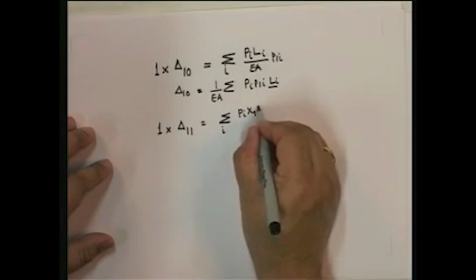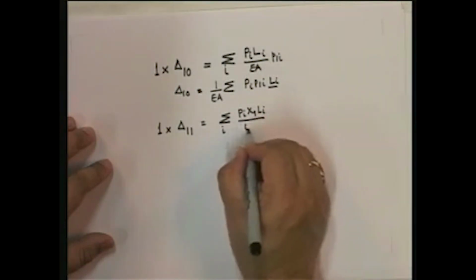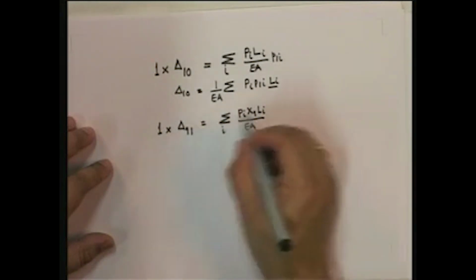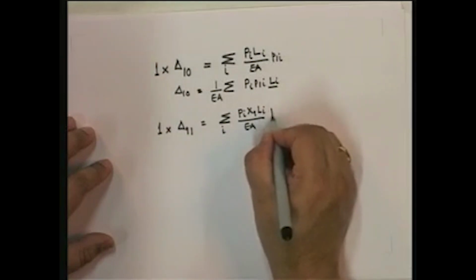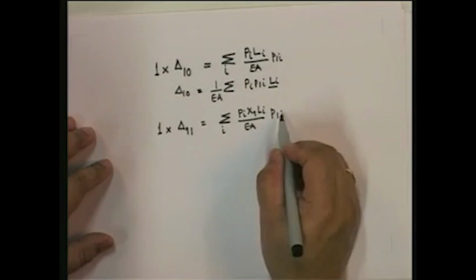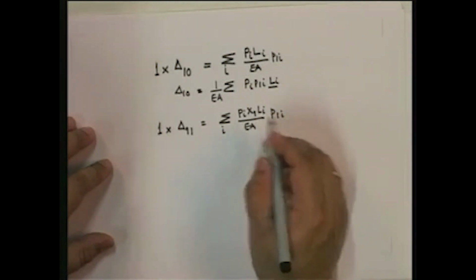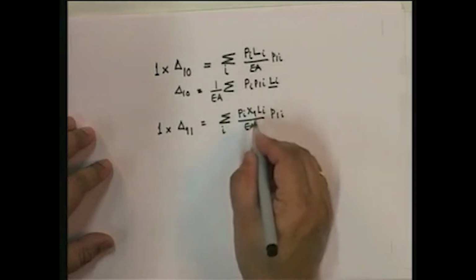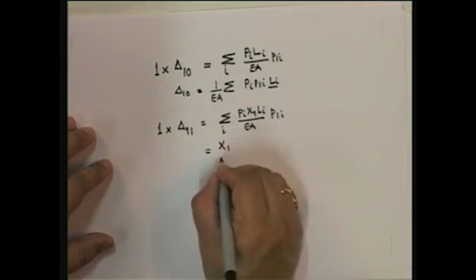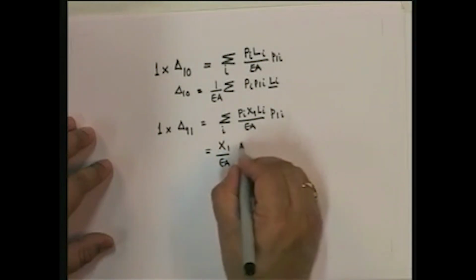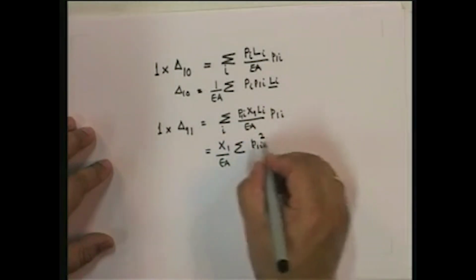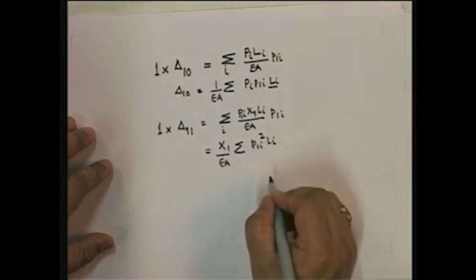So this is the load into Li upon Ea multiplied by the virtual force pattern, which is P1i. Since x1 and Ea are independent of each other, I can take them outside. So I get x1 upon Ea, summation P1i squared Li.